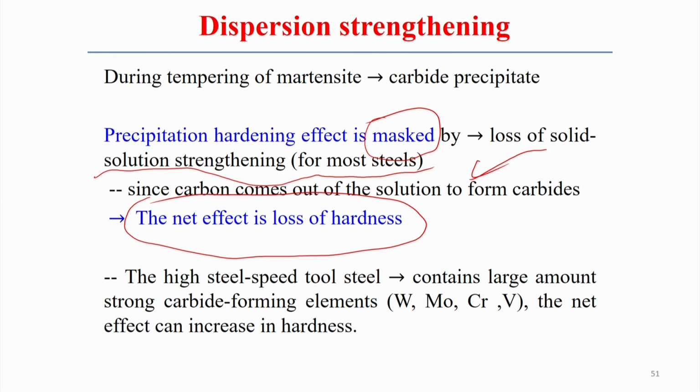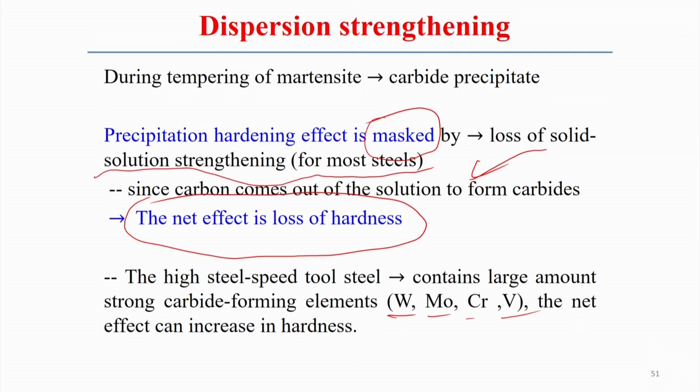But in the case of high speed steel and tool steel, it contains a large amount of strong carbide forming elements: tungsten, molybdenum, chromium and vanadium. These make the hardening by precipitation through the formation of carbides greater than the loss of hardening due to solid solution strengthening from losing carbon atoms from the solution.